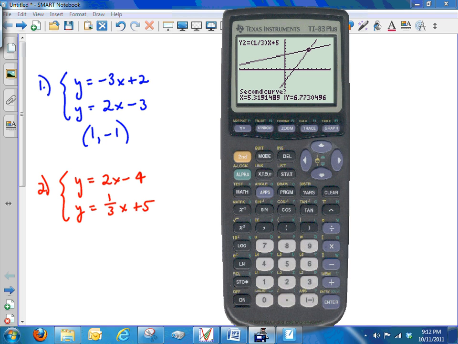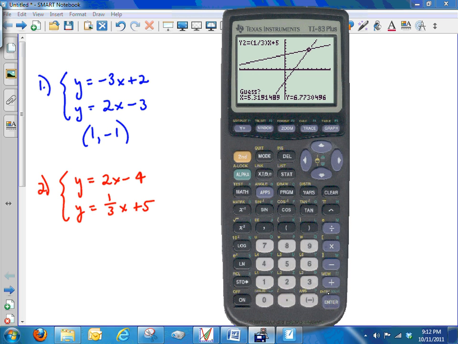Now notice I pressed enter, and now up here I've been bumped to my Y2. Now I'm on my second line, and you can hit your left and right arrow keys to experiment with that. But here's the thing, it got me awfully close to my intersection point. So I'm going to go right back to where it left me and press enter again there. That looks like pretty close to the intersection point.